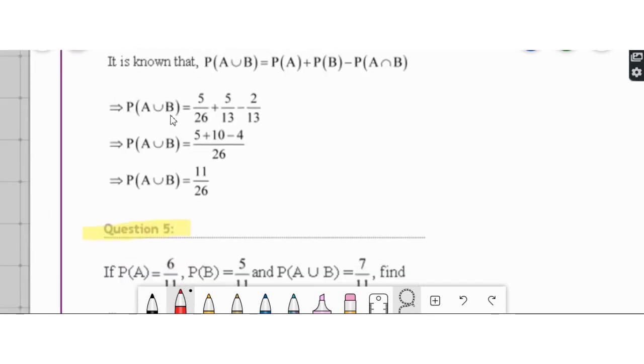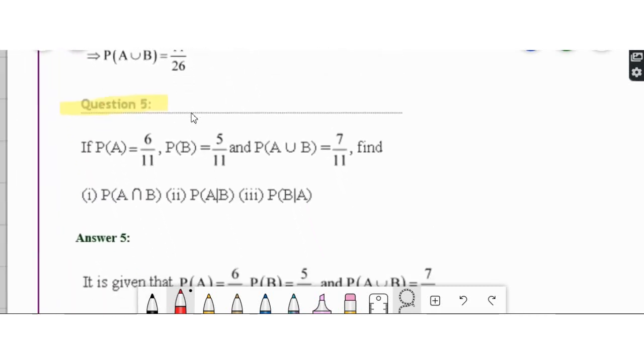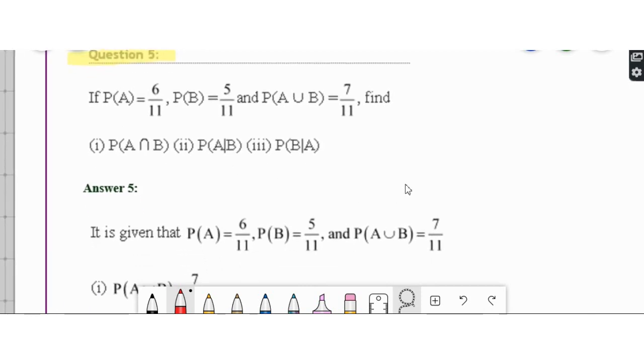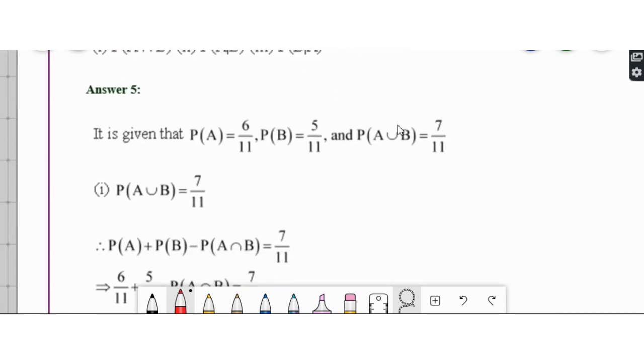Okay, going towards question number 5. Similar type of question I am not doing. Once again, let me tell you. Question number 5. P of A, P of B and the union are available and we have to find out the intersection, A by B and B by A. You can see every time we are using only a few formulas.